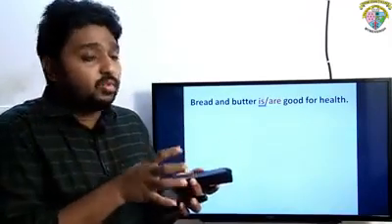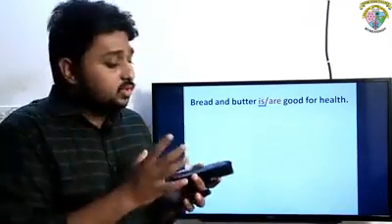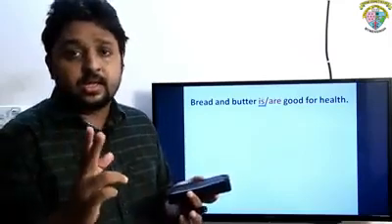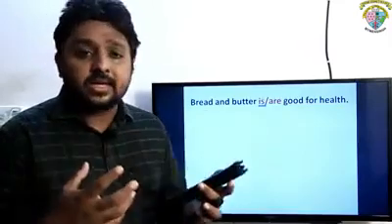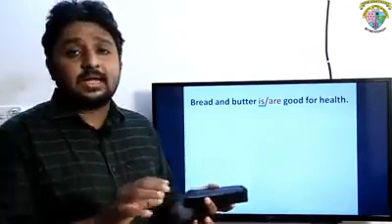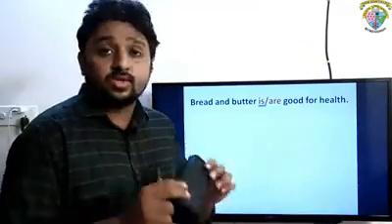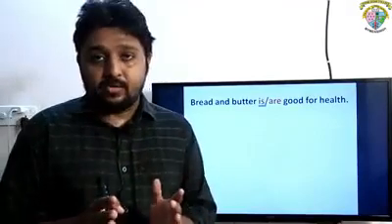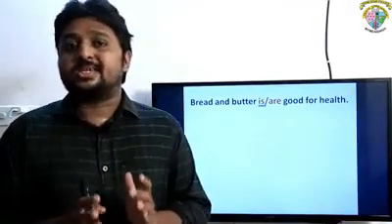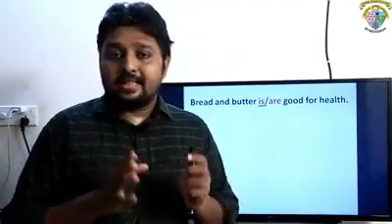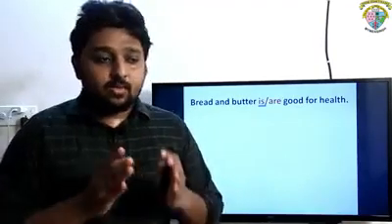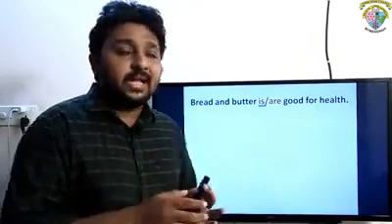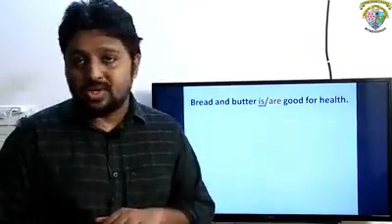Then these two will act as one thing, as a unity. So bread and butter here works as a unit. When two subjects are connected with and and work as a unit with the same purpose, they should receive a singular verb.